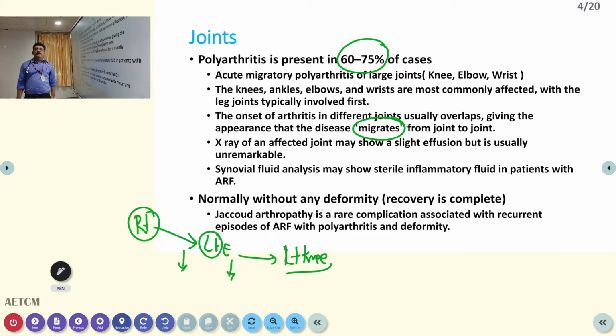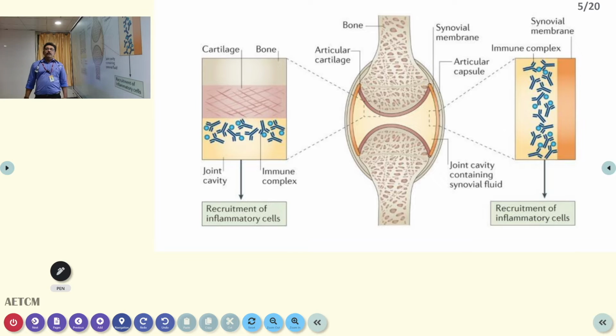That is very important. Very rarely a patient can have deforming arthritis. This is called Jaccoud's arthropathy. That can also occur, but it is very rare. Now, as we explained previously, again the antibodies go and attack the synovial membrane and produce damage and inflammation there.